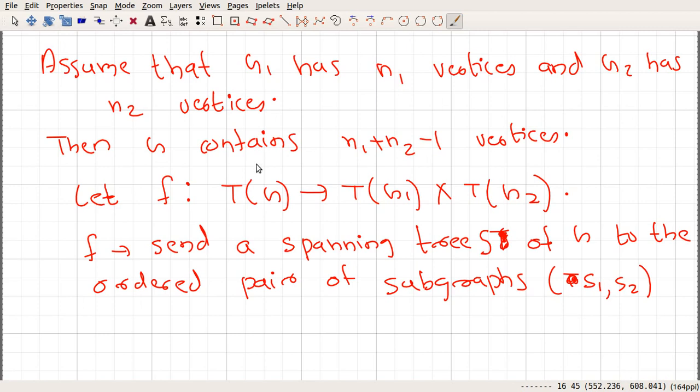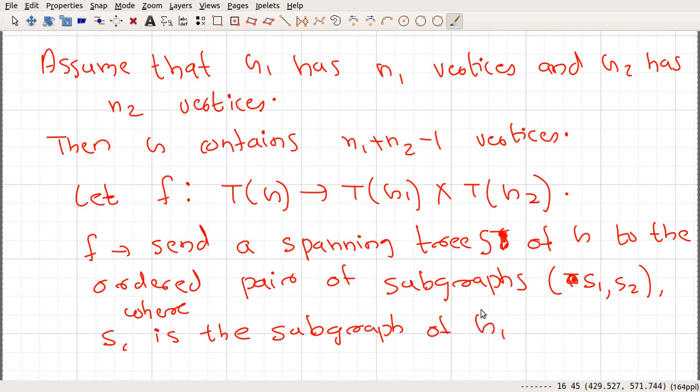It sends a spanning tree in G to a cross product, where S1 belongs to this set and S2 belongs to this set, so it's an ordered pair S1 comma S2, where S1 is going to be the subgraph of G1.